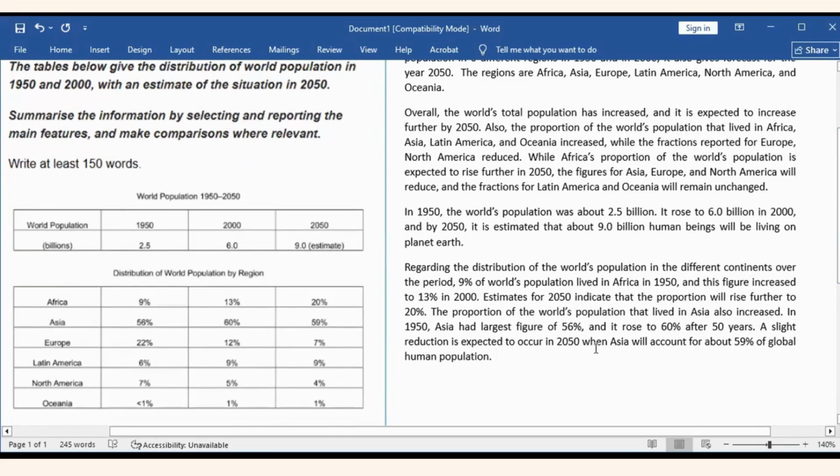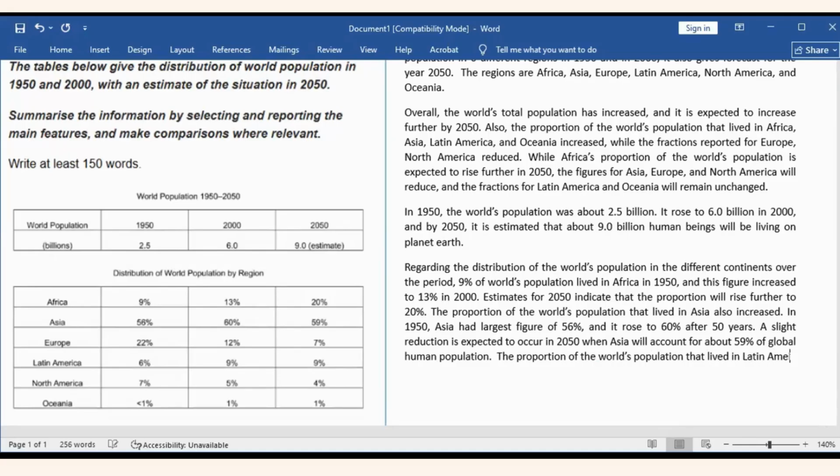So Latin America, the proportion of the world's population that lived in Latin America was 6% in 1950, and it rose to 9% after 50 years.